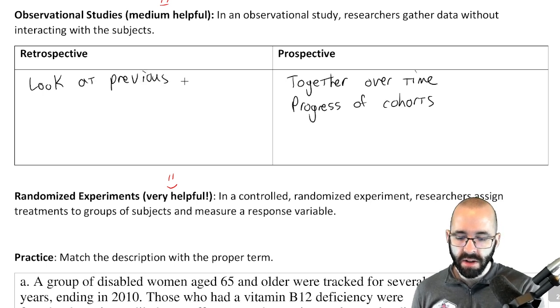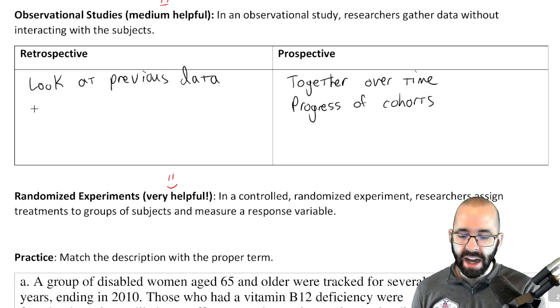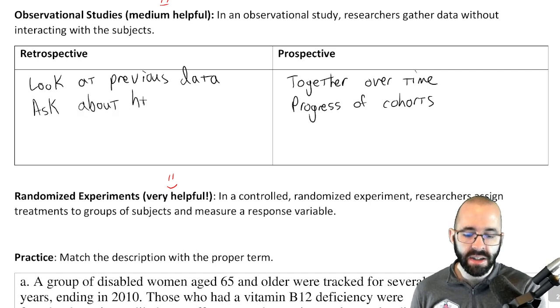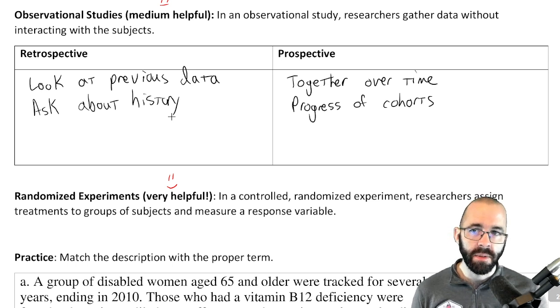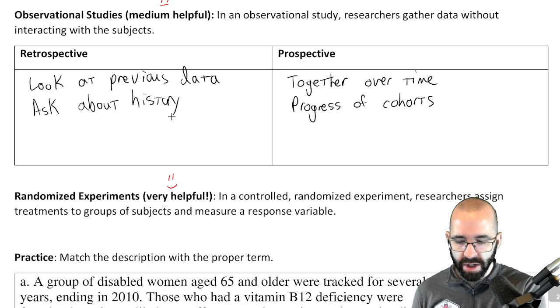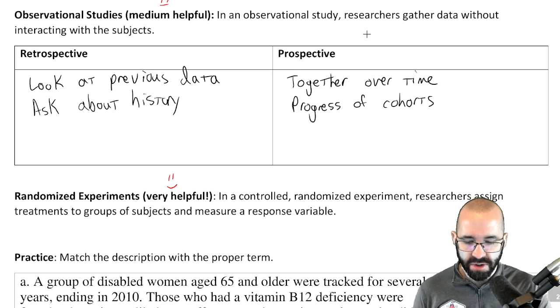You could ask about people's history, stuff like that. A lot of times prospective studies are pretty similar, I don't know if they're identical, but pretty similar to longitudinal studies, usually.